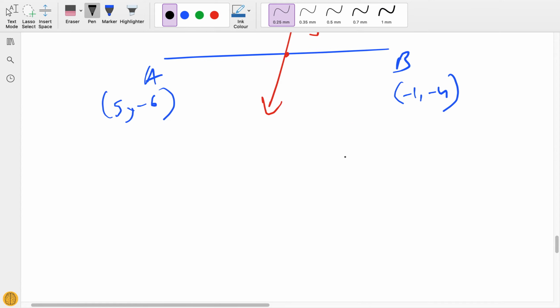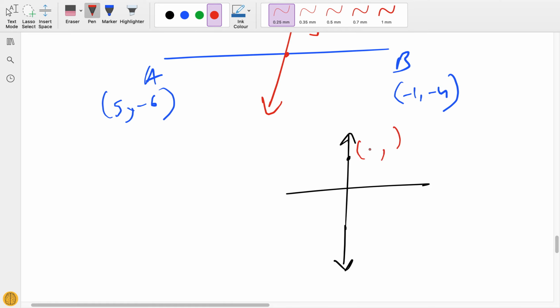Do you know that any point on the y-axis has its abscissa, that is the x coordinate, equal to 0, and y can be any value, any integer or any point. But the x coordinate must be 0 on the y-axis.